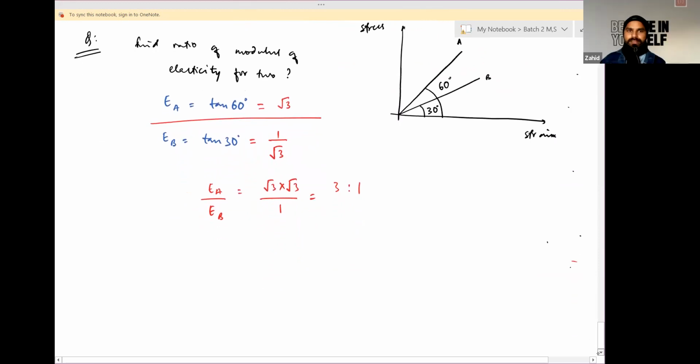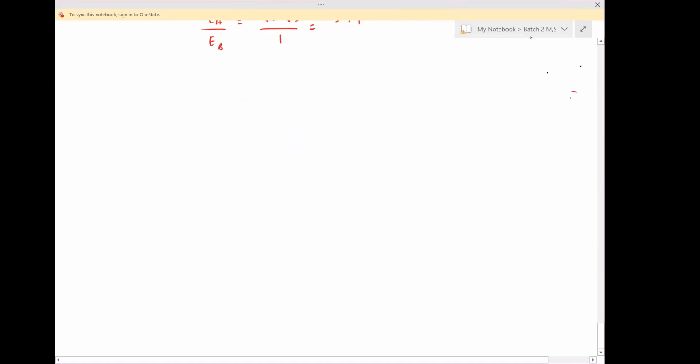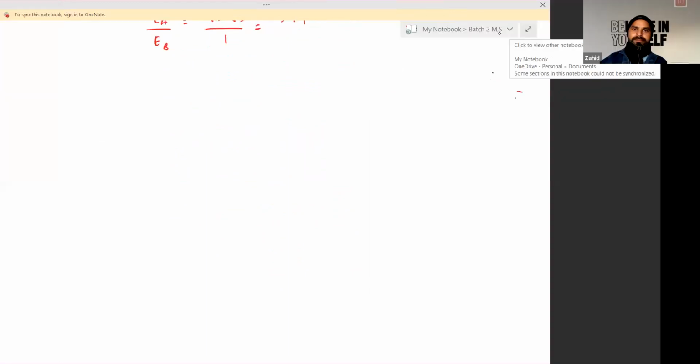So let's start a new part of this chapter, that is potential energy stored in a wire.